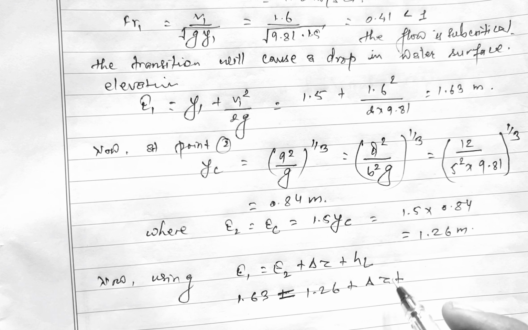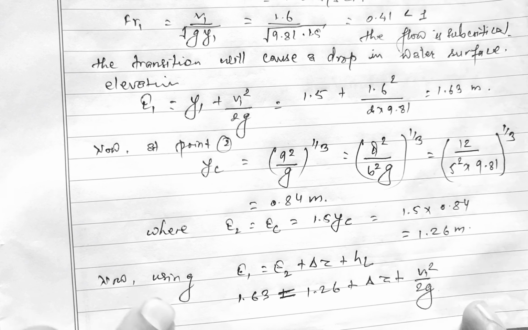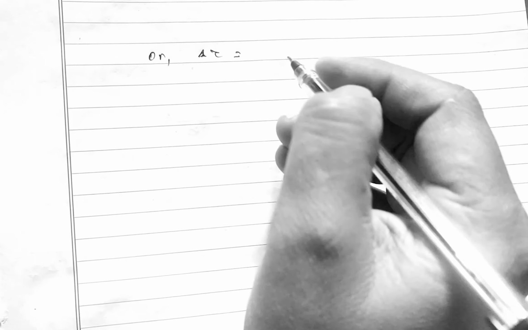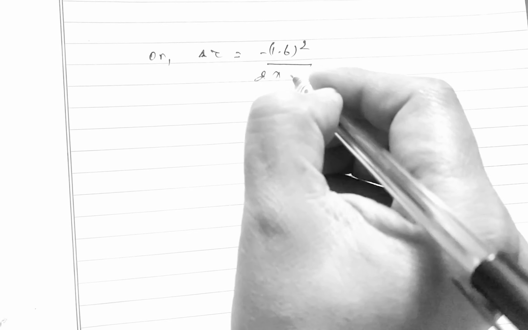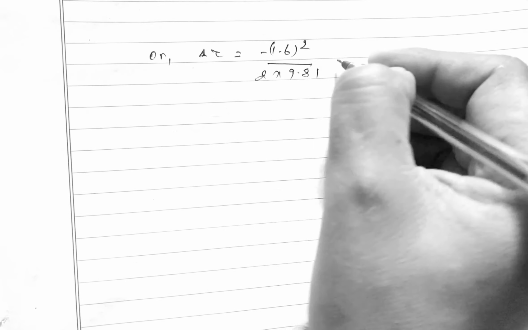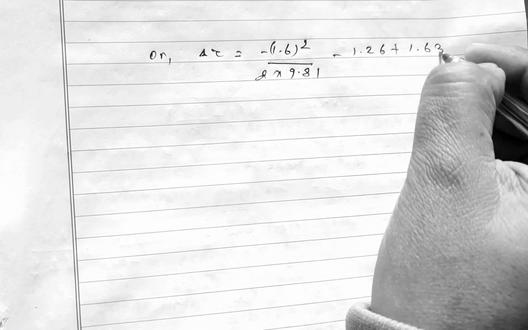The head loss HL is given by v1 square divided by 2g, or this equation can also be written as del z equals minus 1.6 whole square divided by 2 times 9.81, minus 1.26 plus 1.63.